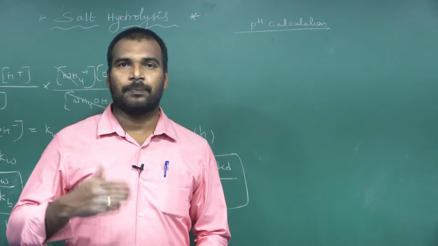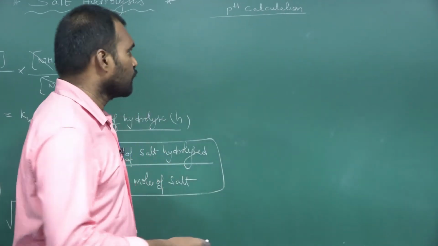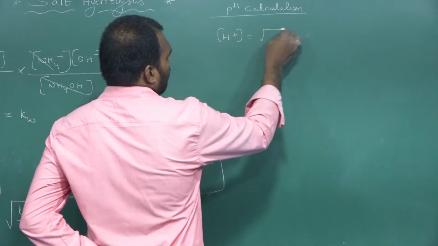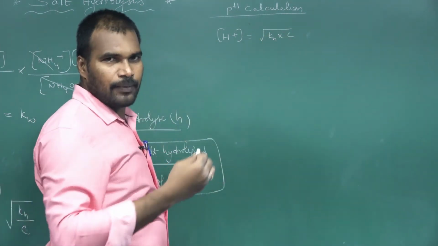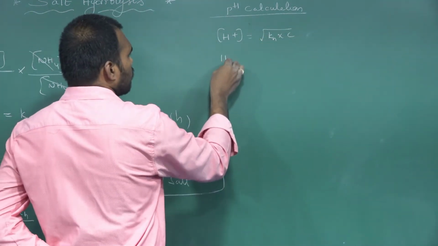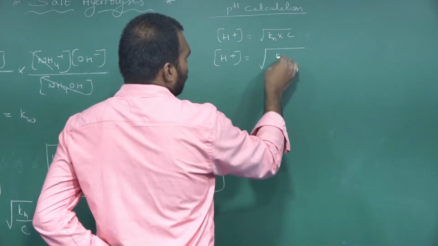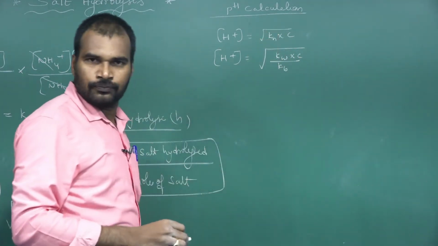Let us calculate the pH of the salt solution made up of a strong acid and a weak base. As we know till now, H plus concentration is equal to the square root of Kh into C. Since Kh is equal to Kw by Kb, substitute: H plus concentration is equal to the square root of Kw into C by Kb.